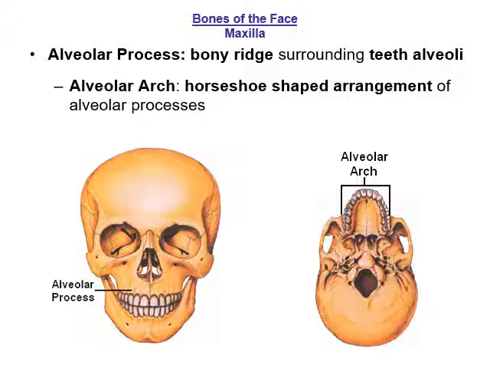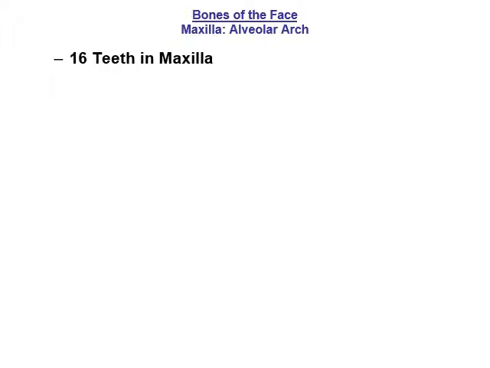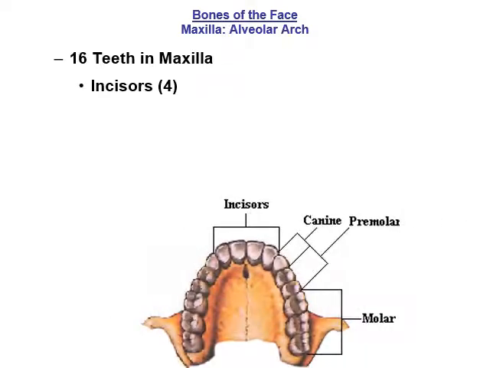The alveolar process contains 16 teeth. So you have 16 teeth in the maxilla. You also have alveolar processes in your mandible. You'll have 16 teeth there, and so you have 32 teeth normally. You have 4 incisors. Those are the front teeth, the anterior teeth. You have the canines. There are 2 of those.